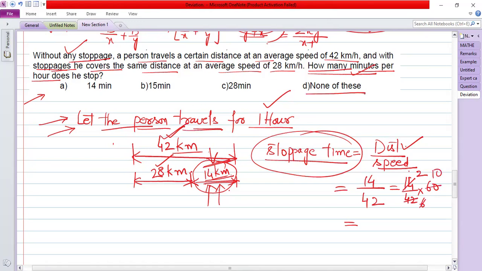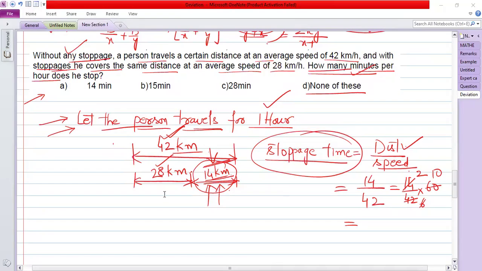Okay, so here it will be none of these. This extra 14 kilometer, which is yet to be covered if he travels with the stoppage, if stoppages were not there, then he would have covered it with what speed?